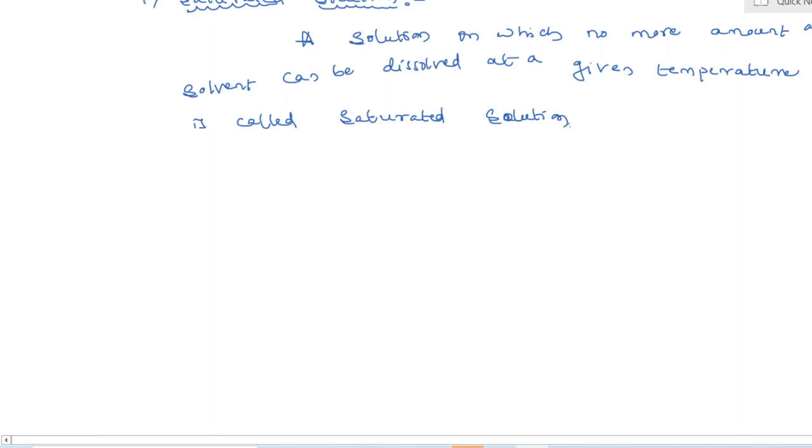It is termed as what? Saturated solution.